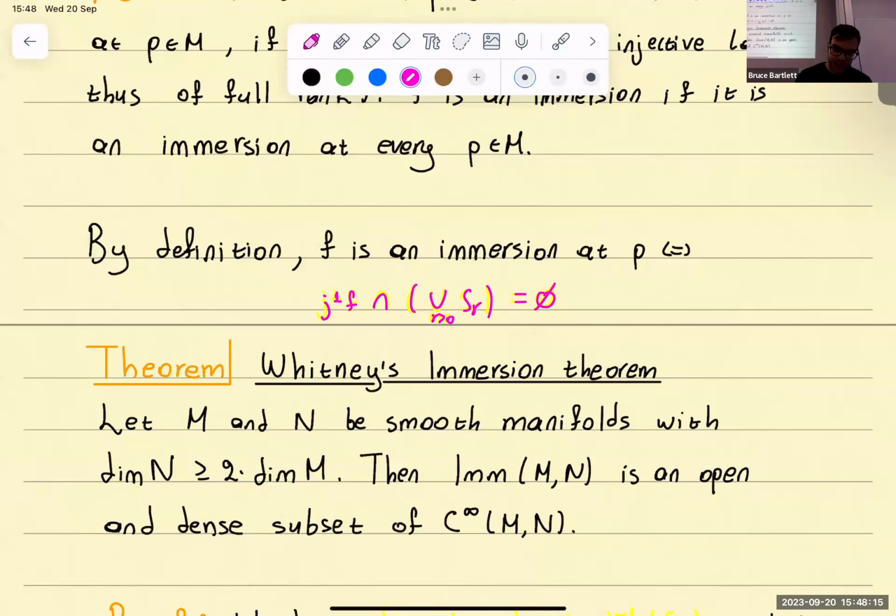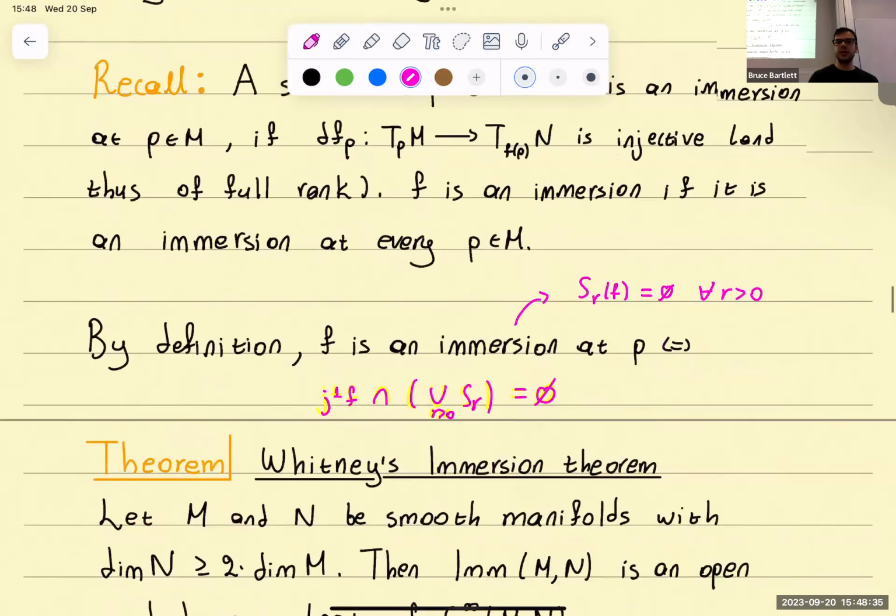One way you can say that is that F being an immersion directly implies that S_R of F is empty for all R greater than 0, because being an immersion means that at each point the differential of F has full rank. That's the condition of being an immersion.